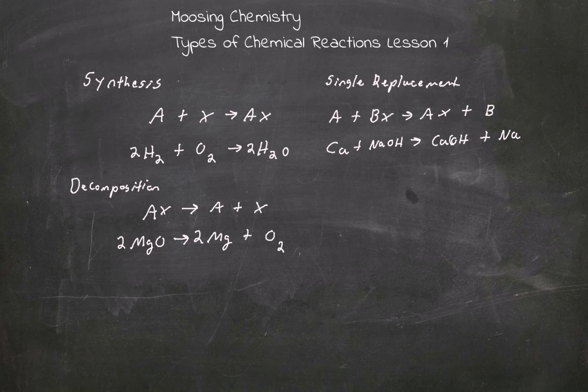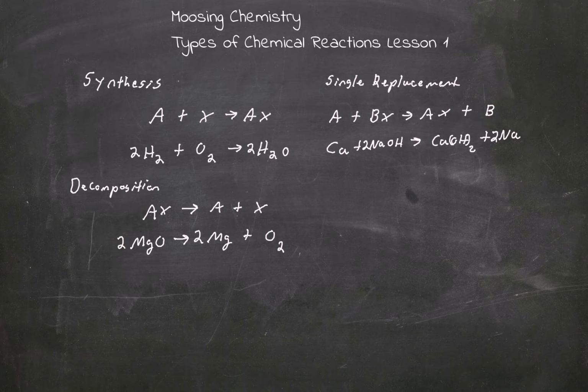And again, of course, this would have a 2 down there, and we would need to balance this equation by putting a 2 in front of here and a 2 in front of there. And that would be an example of a single replacement reaction.